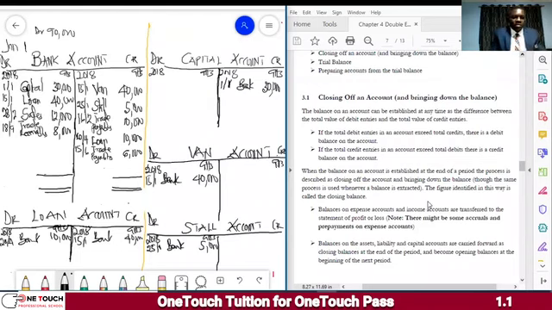That gives me 71,000. Let me check the debit again: 30 plus 40 plus 12,000 plus 8,000 gives me 90,000. Good. So you can see that the debit side is bigger. So here you use the bigger side total to balance the account.